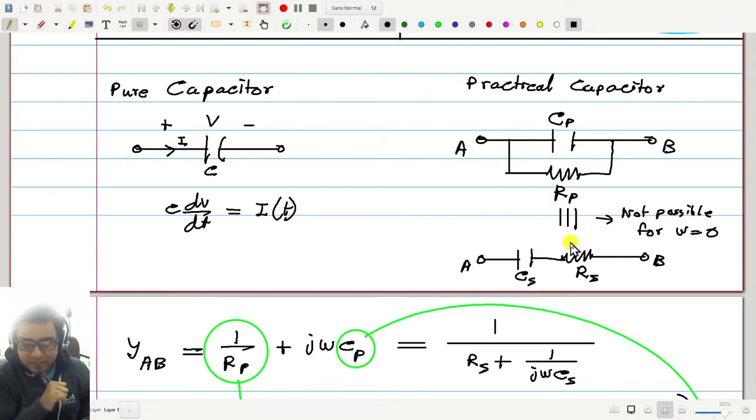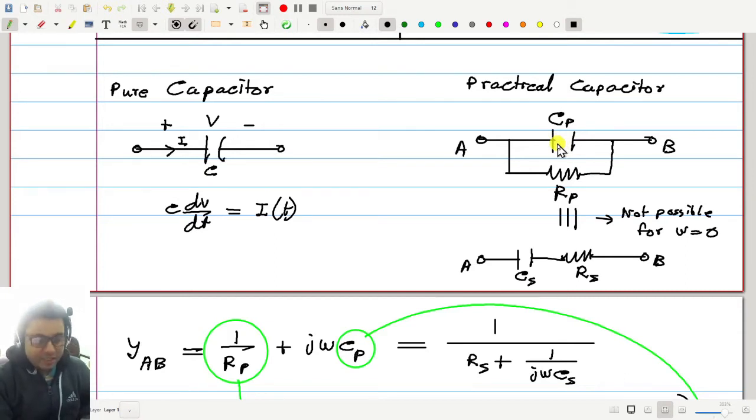Now one more fact, I talked about only the leakage. I said this resistance or conductance is to model the leakage through the insulation, but that may be the major factor, not the only factor.